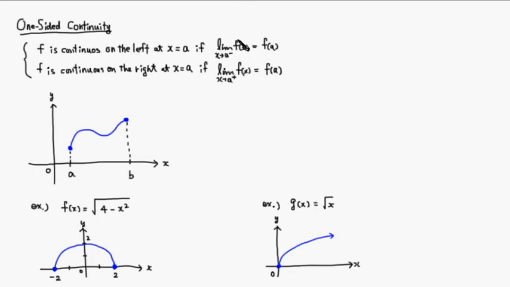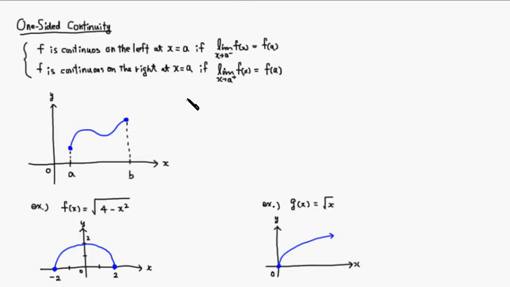All right, so let's look at this picture here. You have a graph there. At x equals a, since this is an endpoint, there's nothing on the left-hand side, so we can only come from the right-hand side.